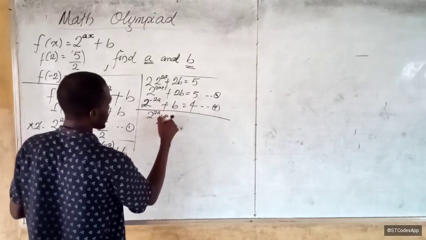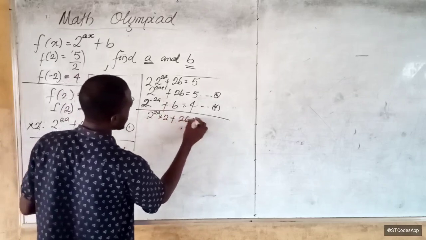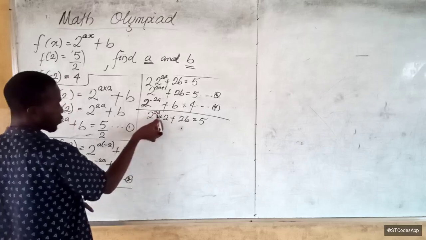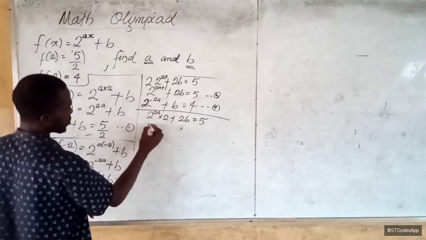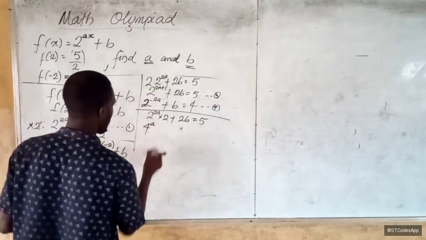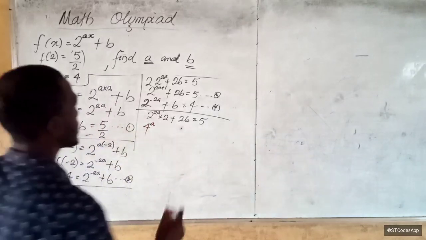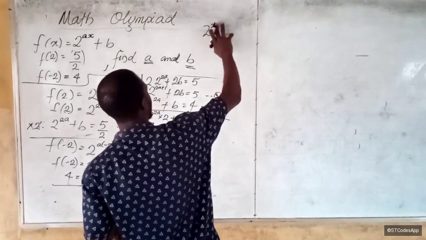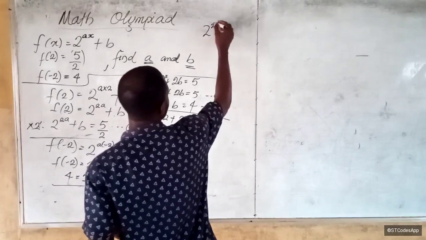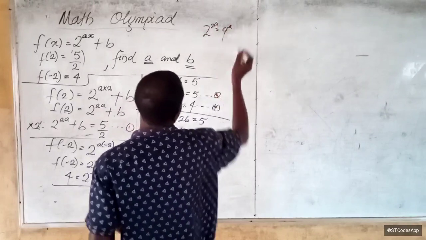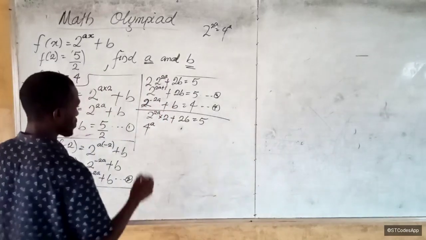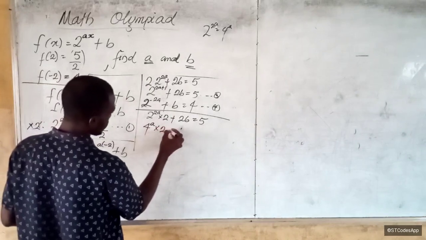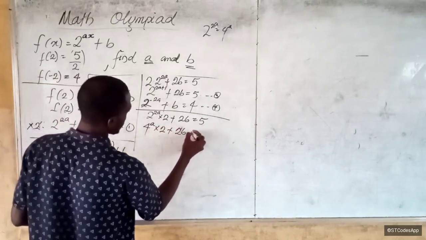So we have 2 raised to the power this, plus 2b is equal to 5. 2 raised to the power 2 is 4, right? So we can have 4 raised to the power a. As in, if I have 2 raised to the power 2, for example, this is 4, right? So 2 raised to the power 2a will be 4 raised to the power a. Do you get it? All right, so we have 4 raised to the power a times 2 plus 2b is equal to 5.